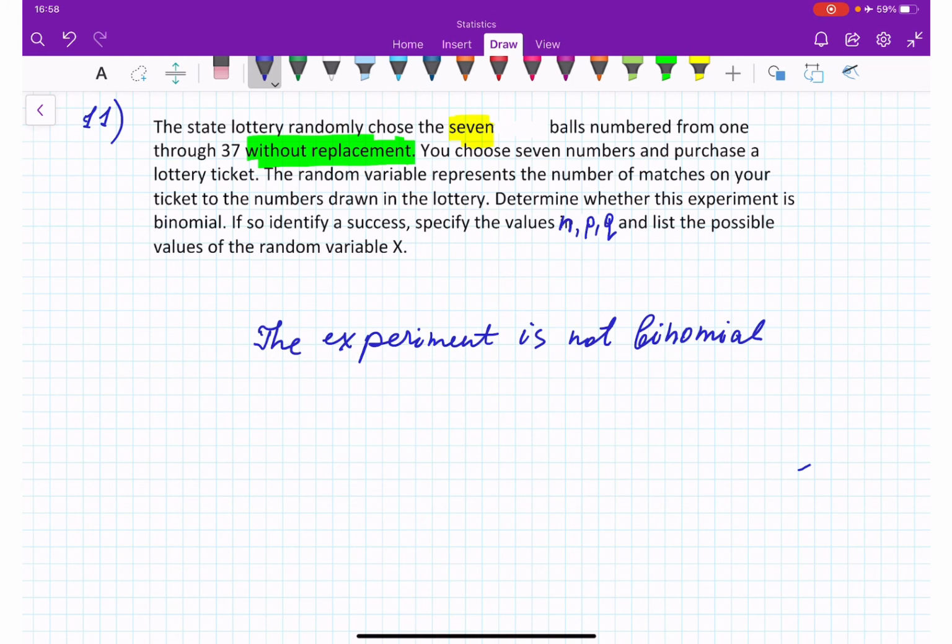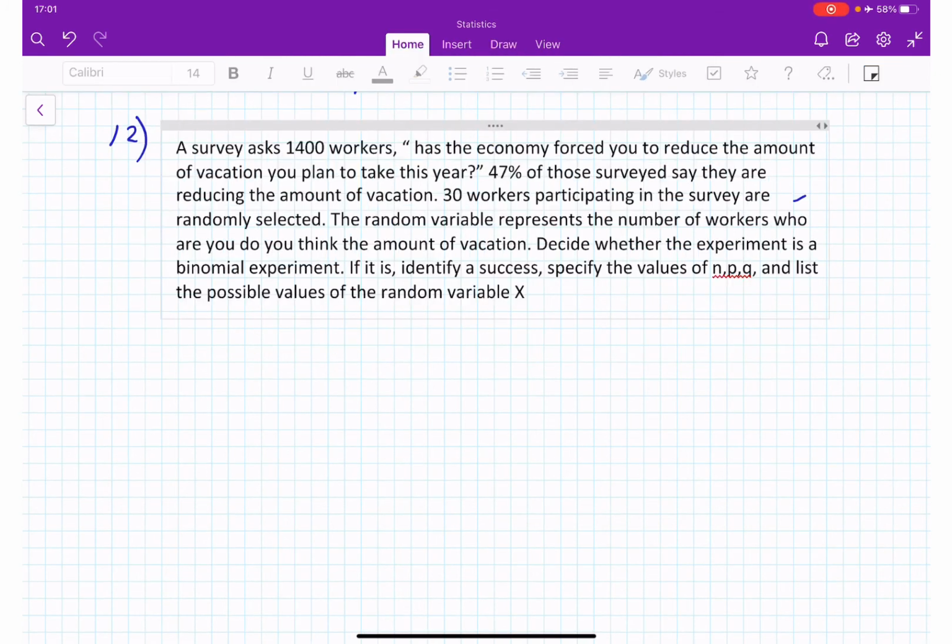Question number 12. A survey asks 1,400 workers, has the economy forced you to reduce the amount of vacation you plan to take this year? 47% of those surveyed say they are reducing the amount of vacation. 30 workers participating in the survey are randomly selected.